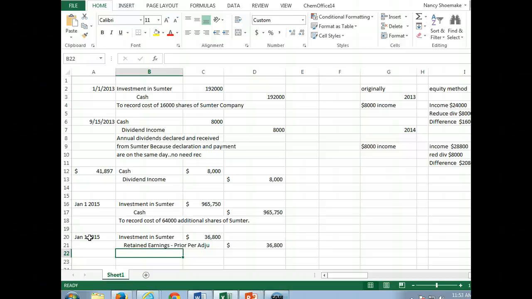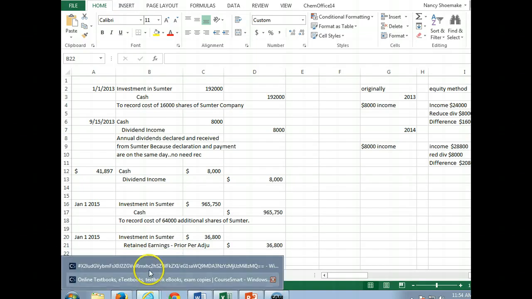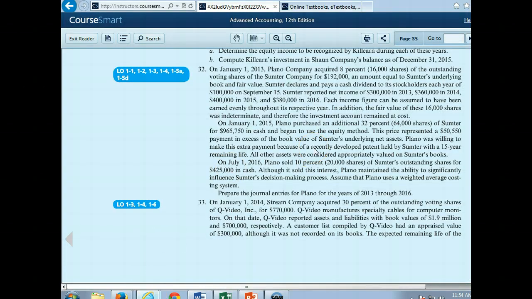Now, it tells us in 2015, the earnings were 400,000, right? And now we own 40%.